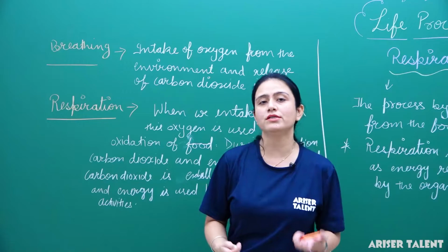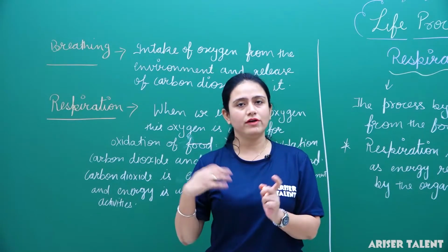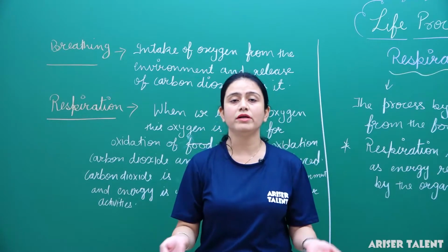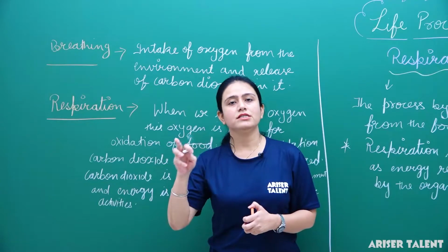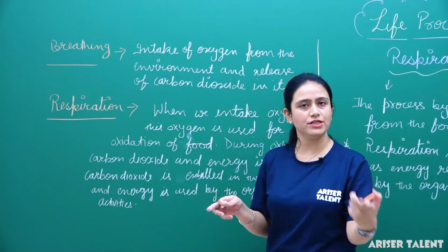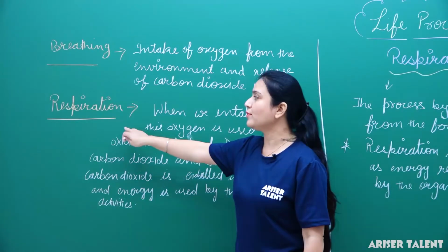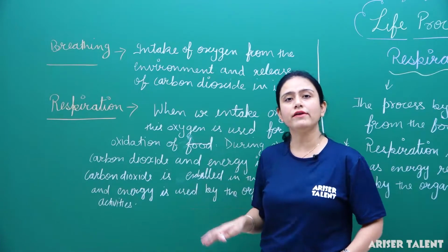Breathing is a simple process in which we intake oxygen from the environment and release carbon dioxide in the environment. But whatever oxygen we take in is used to oxidize the food, and only then are carbon dioxide and energy released. This is the difference between breathing and respiration.